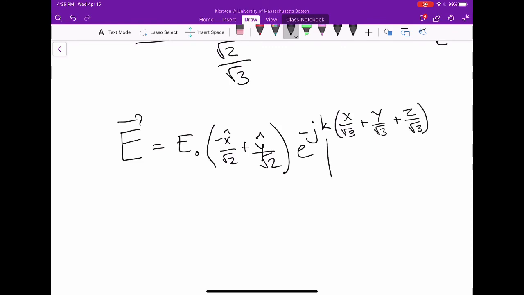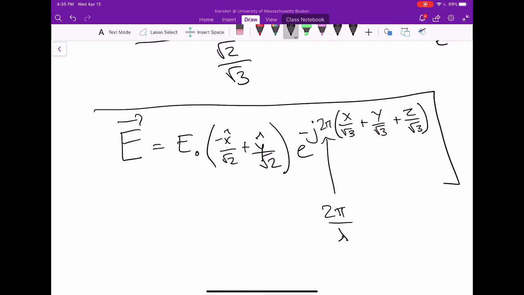And we should remember here that k, the wave number, is 2 pi over lambda. And since lambda is 1 meter, that k is actually just 2 pi. That's my electric field here.